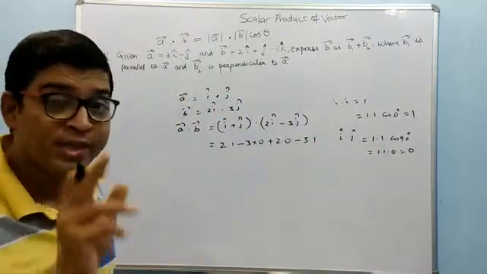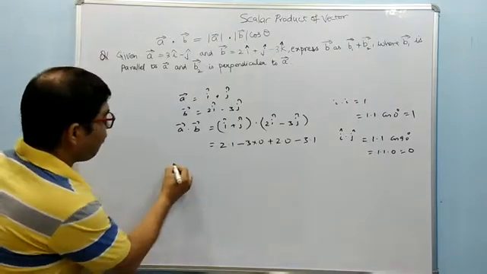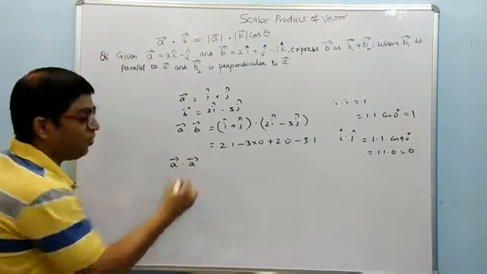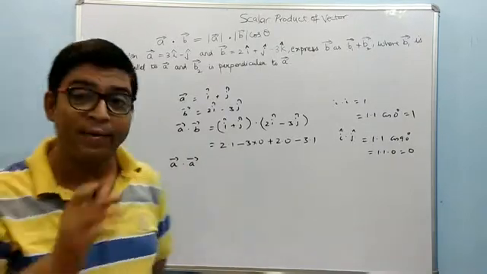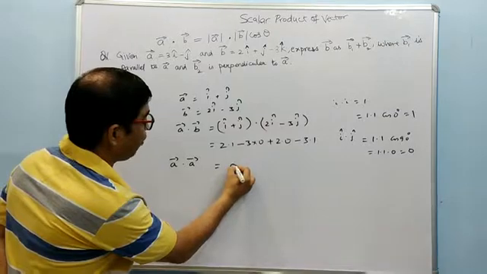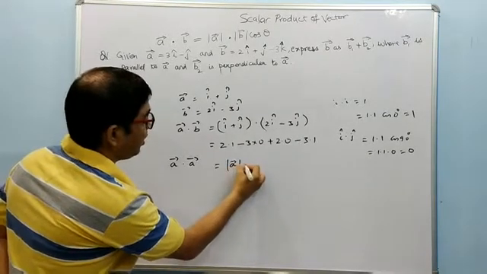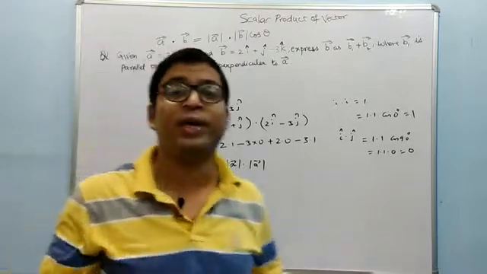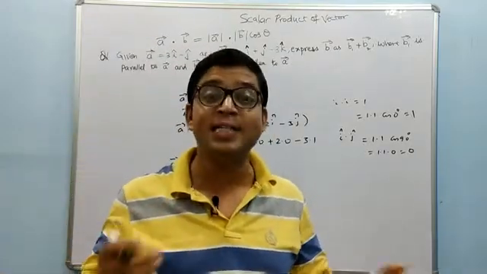One more important result we should see: if we go for vector A dot vector A, what does it come out to be? Vector A dot vector A is magnitude of A times magnitude of A times cos of the angle between vector A and vector A, which is 0 degrees.